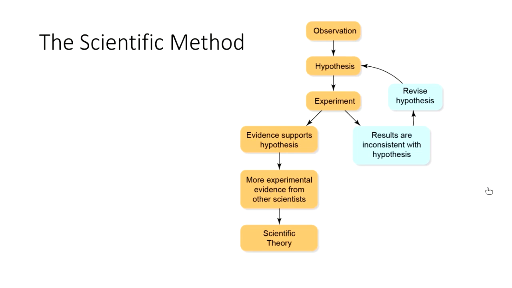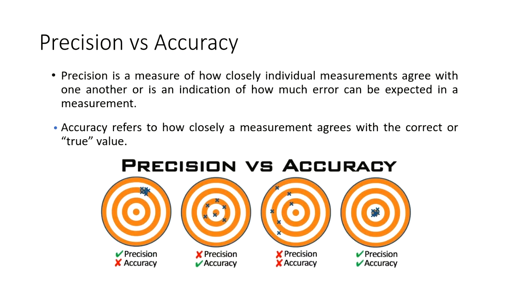Now, when we talk about experiments, this part here, there are two aspects that have to be fulfilled. Okay? So for your experiment to be good and in a way that you can move on, you have to fulfill these two things. Your results have to be precise, and they have to be accurate too.